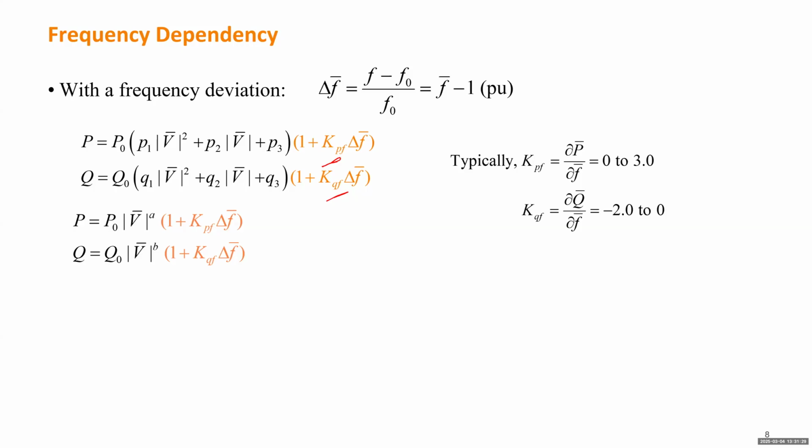This gives you some idea of a typical load when the frequency increases. Most loads will increase their active power with the increase of frequency, but reactive power will decrease with the increase of frequency. This is what we learn from those typical values.